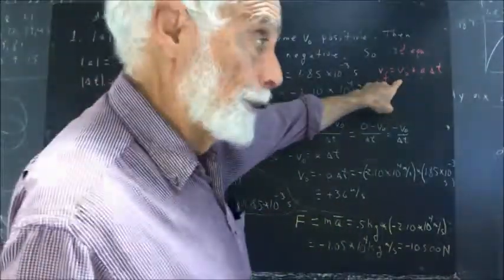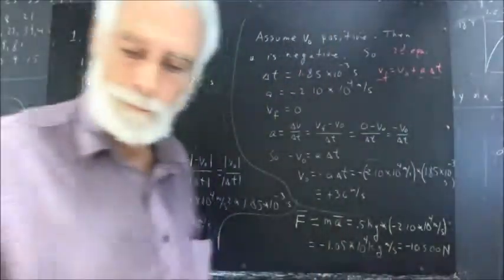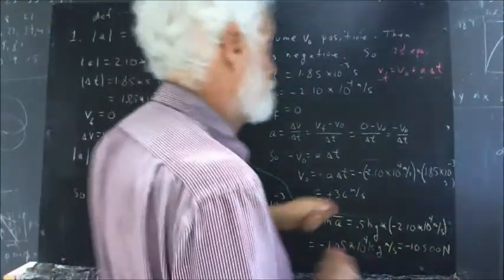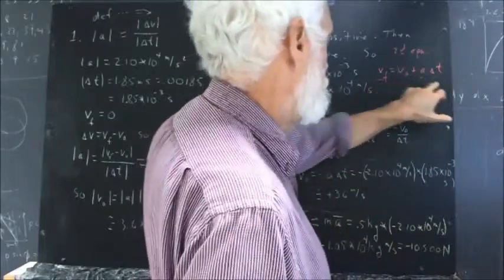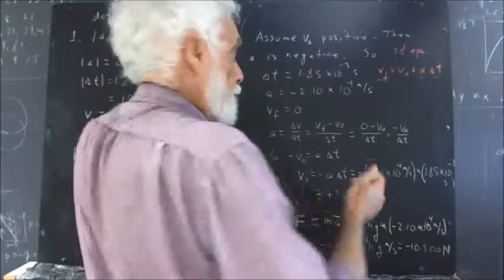Now, we could have solved this equation for V naught, and we would have gotten the same expression since Vf is 0. Without going through the solution, solving for V naught, we'd subtract A delta T from both sides, and actually that would be it.